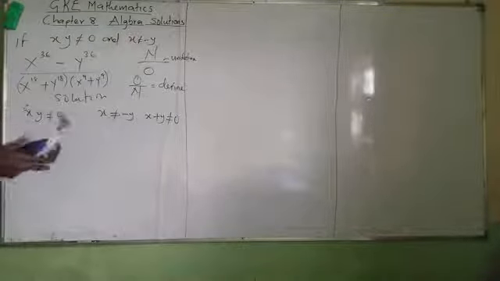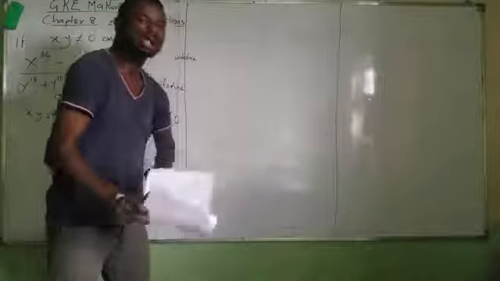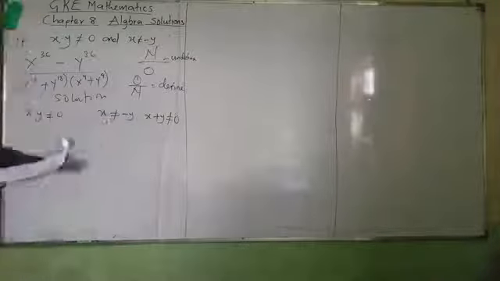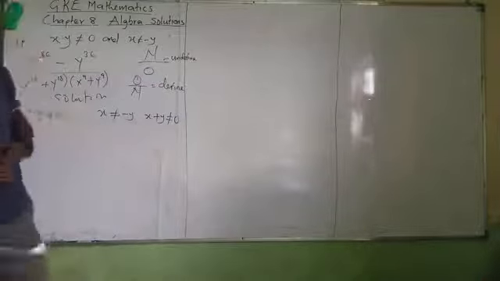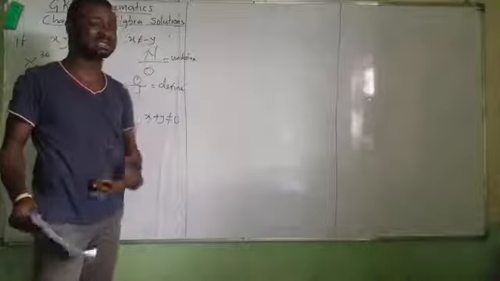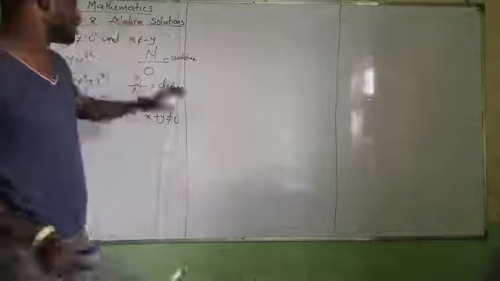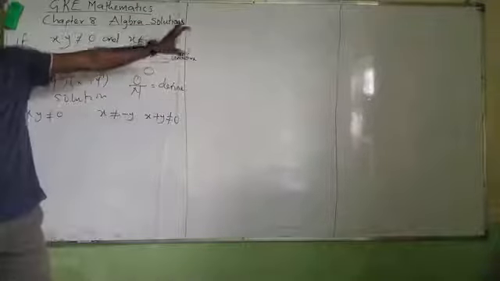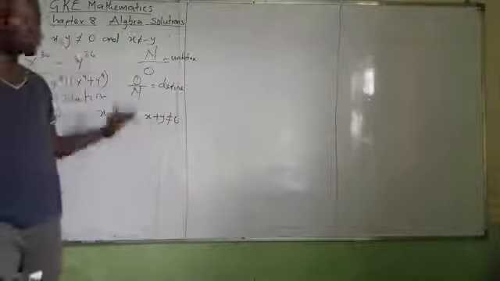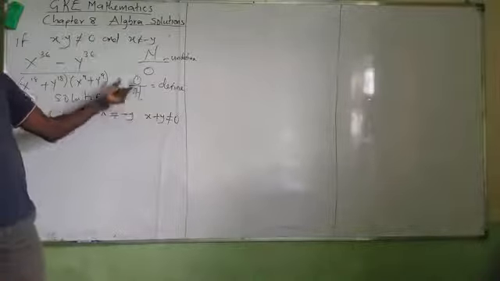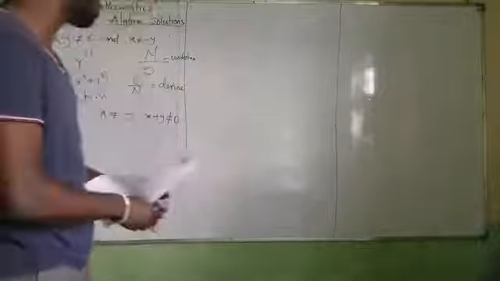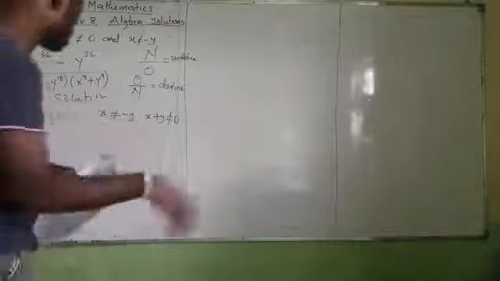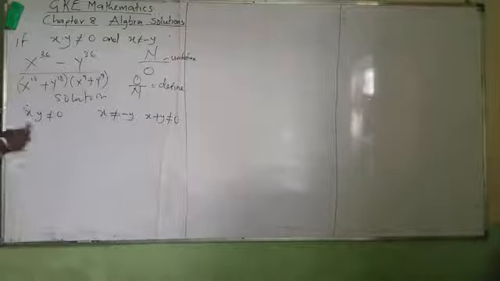There are many cases like that where it will be defined and where it will be undefined, depending on what you are working on. But if an expression is given to you and the statement backing it up says that it is defined, it means the numerator of that expression is equal to 0. And if it is undefined, it means the denominator of that expression is equal to 0. There are many videos on that under limits. You can go and check them for better understanding.